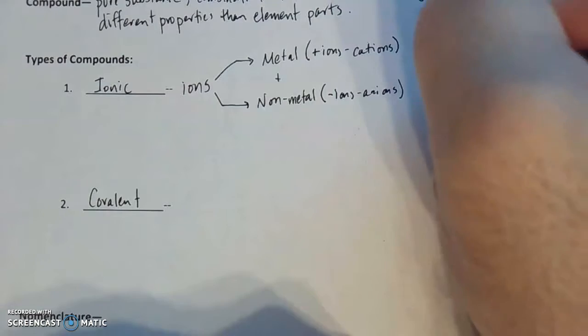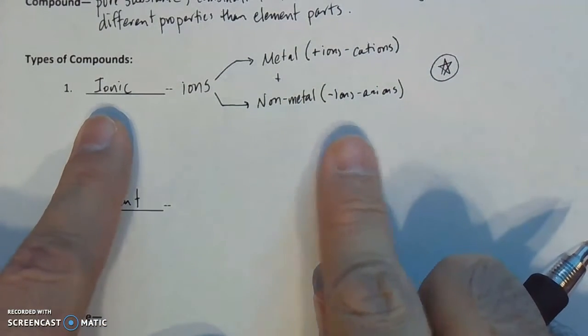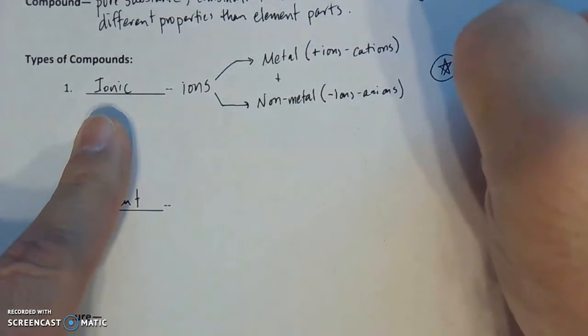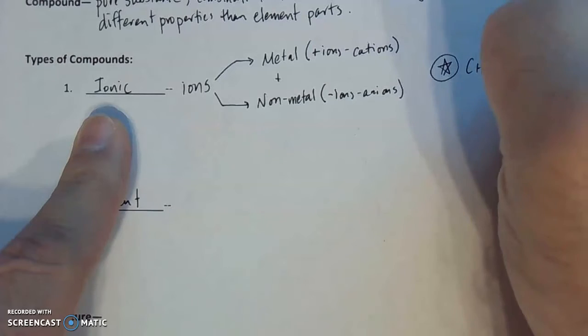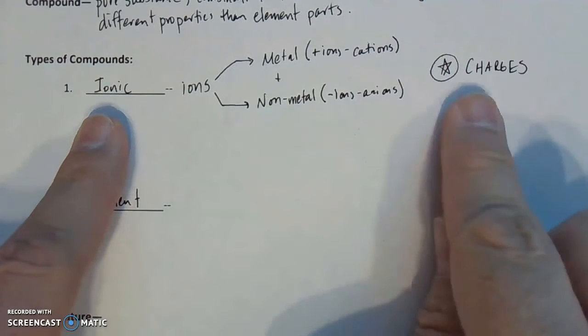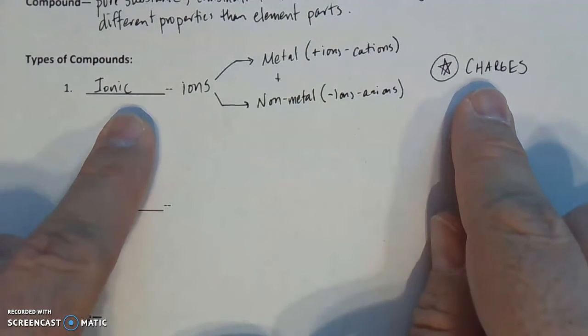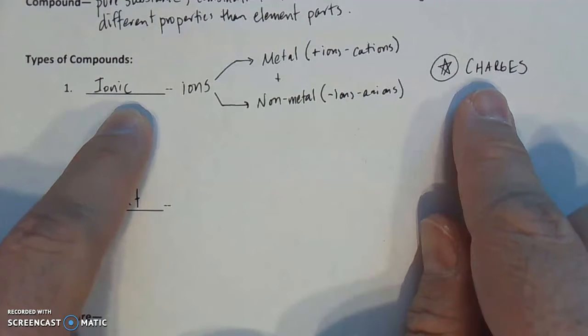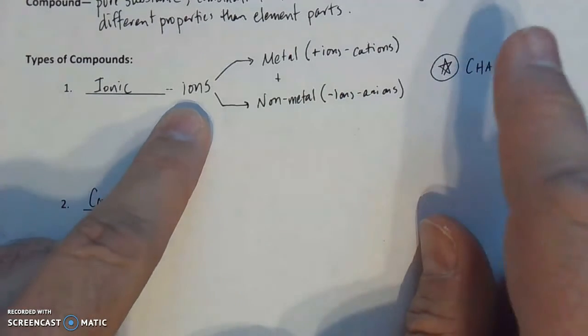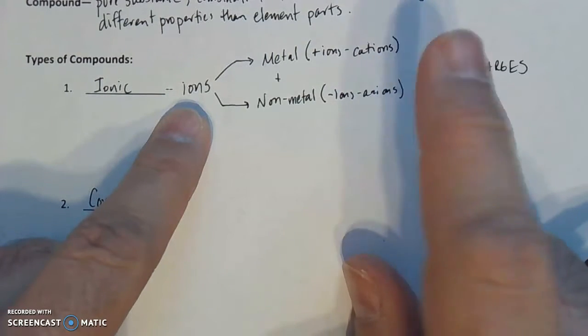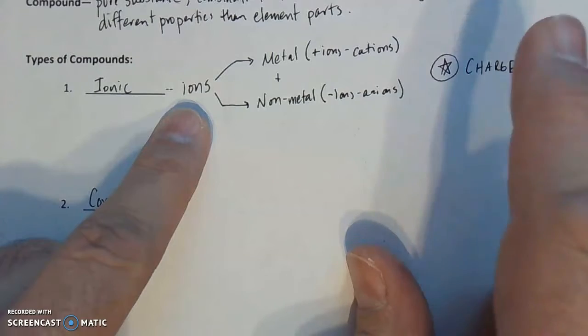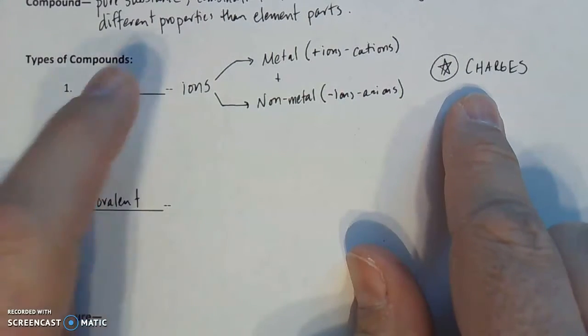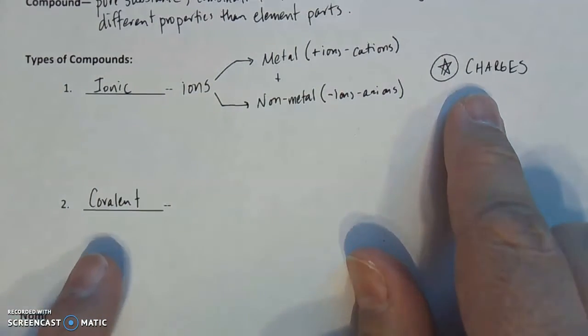And the word here that we're going to use in order to form these is charges. So that's our key word here. When we were talking about bonds, it was transfer, because electrons transfer. But here, when we deal with ionic compounds, they are going to be with charges. And we'll talk more about them in a little bit.